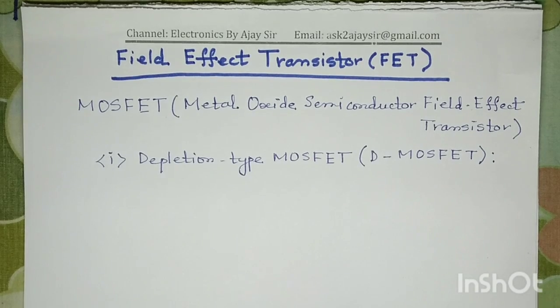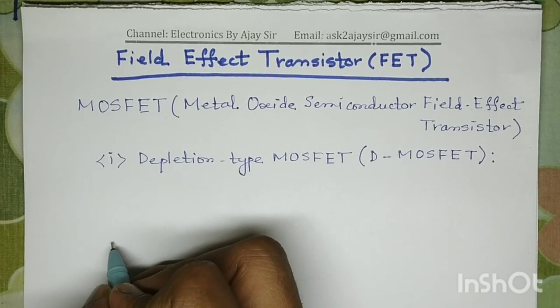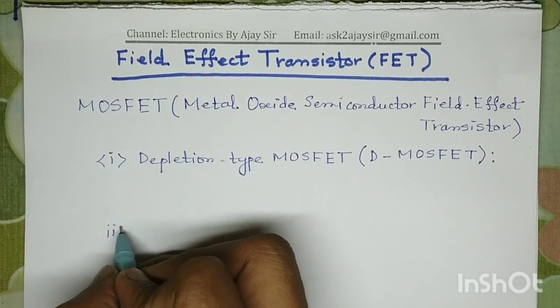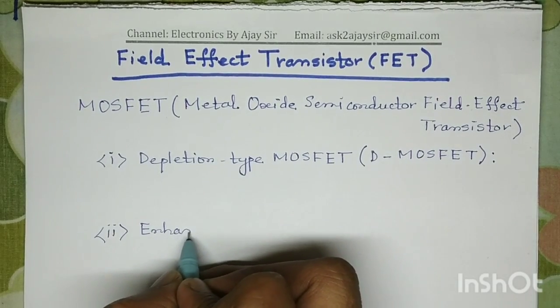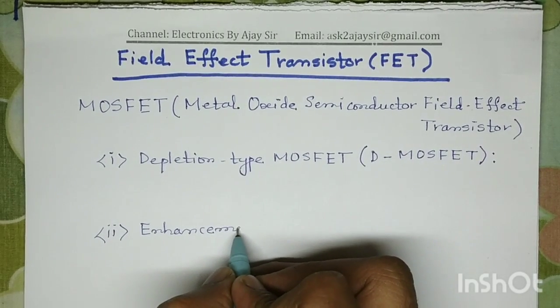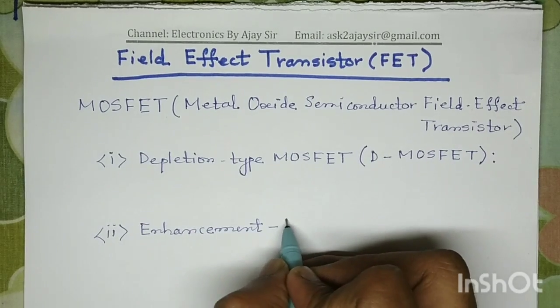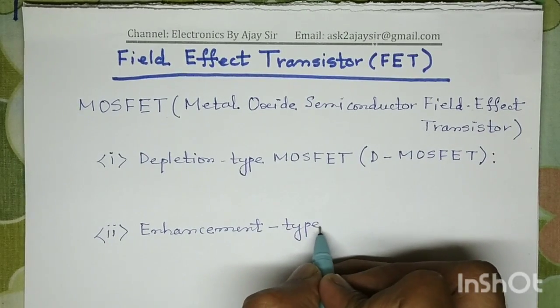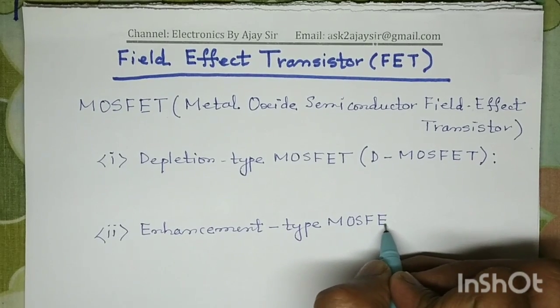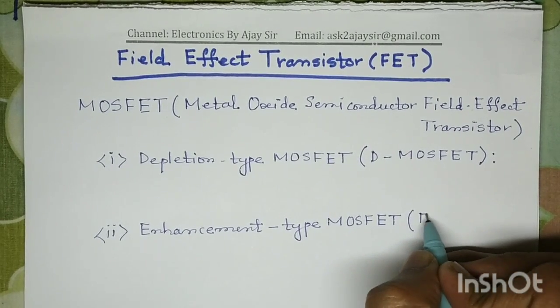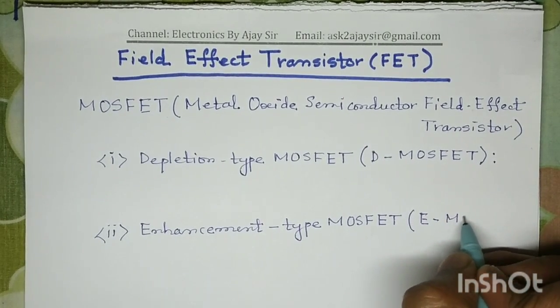The another kind of MOSFET is enhancement type MOSFET, in short E-MOSFET.